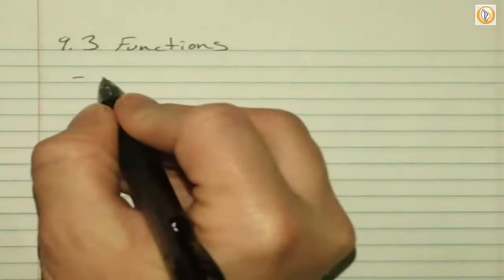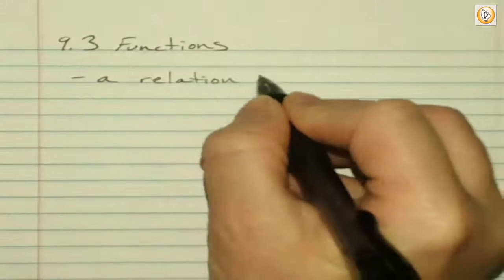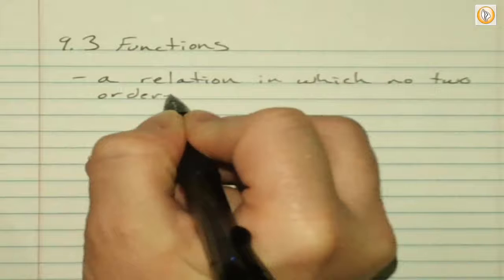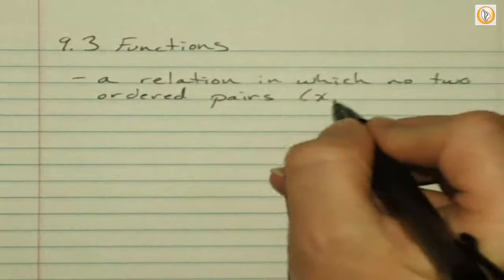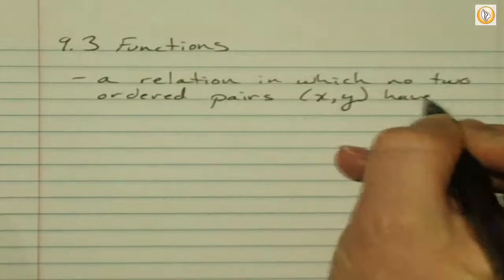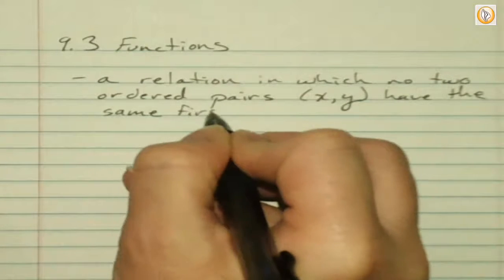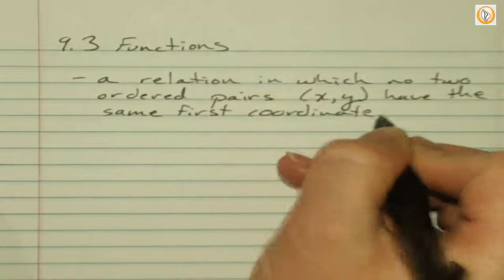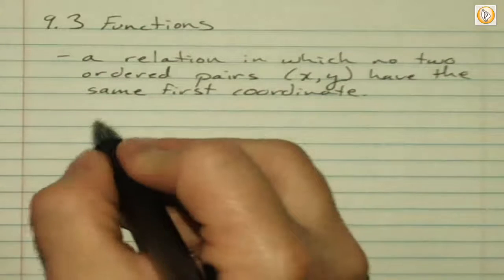All right, a function is a relation in which no two ordered pairs, which is an x and a y, have the same first coordinate. So what's the first coordinate? X. That's right.